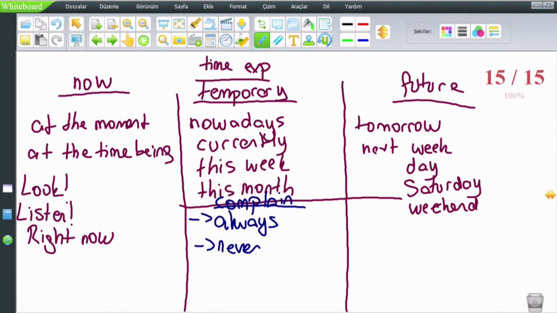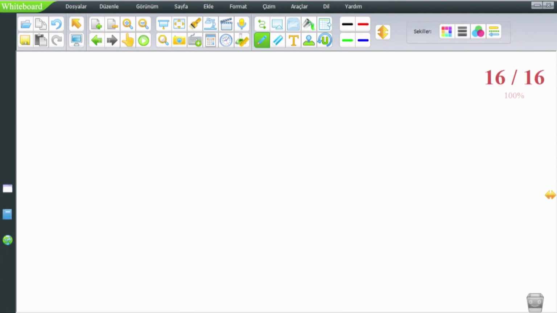Now, this can be actually quite confusing because when we see always or never, these are frequency adverbs, and directly we want to make that question or sentence present simple. But if there's a complaint in that sentence, and if there's always or never, we are going to use present progressive. Let's give some examples.